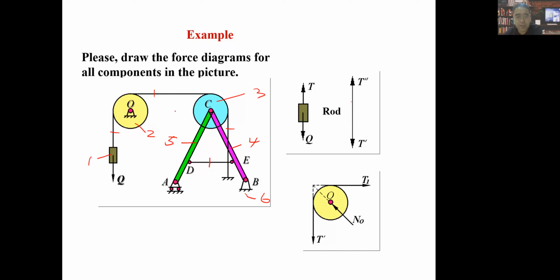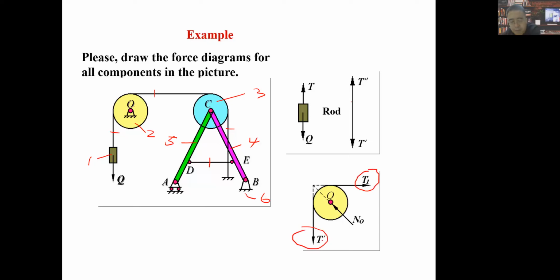Second, we select this body to start. So we once again imagine that we pull this guy out of here. This process will remove all the constraints acting on it. So we should think that we cut the rope here, we cut the rope here. So we have tension T1 here and T prime here.